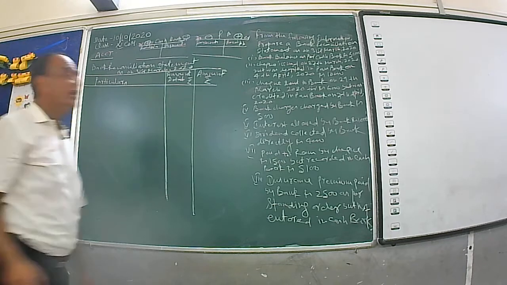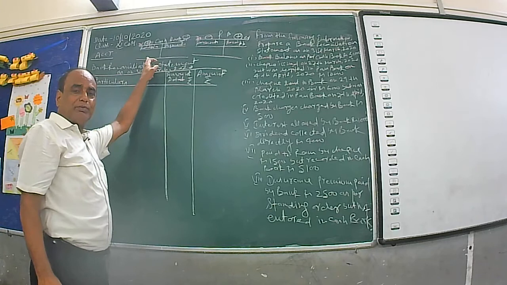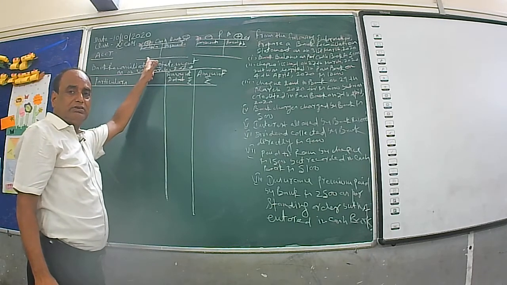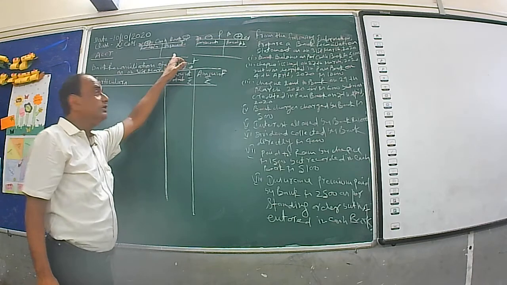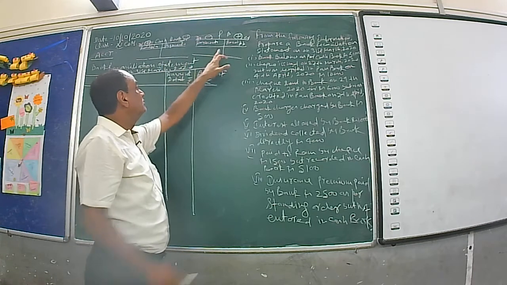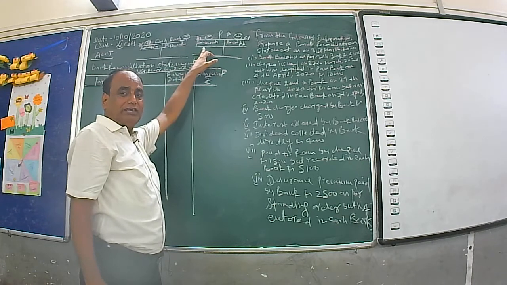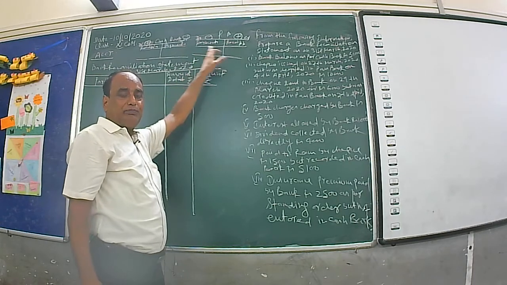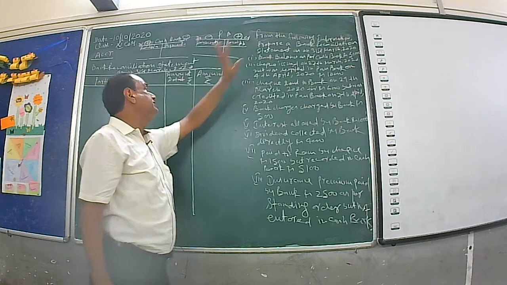If cash book is debited, then the bank balance of cash book will increase. If cash book is credited, it will decrease. In passbook, if debited, the bank balance will decrease; if credited, it will increase.